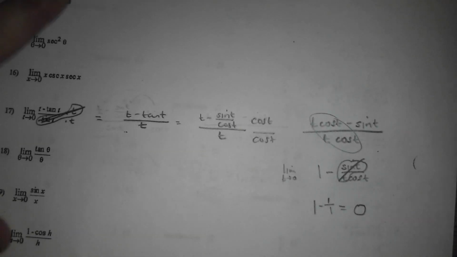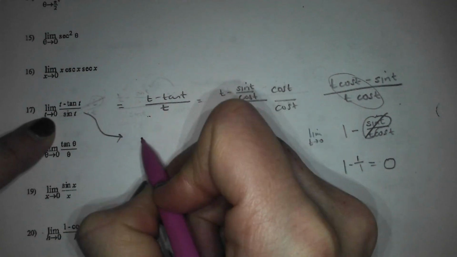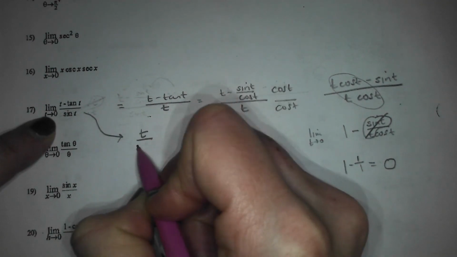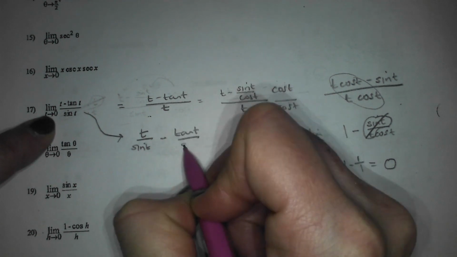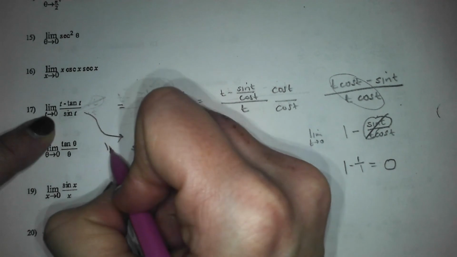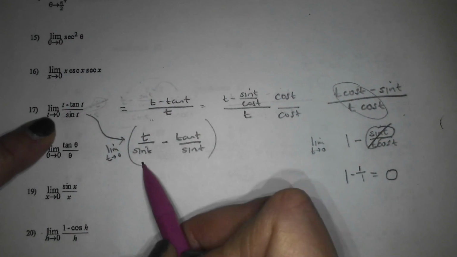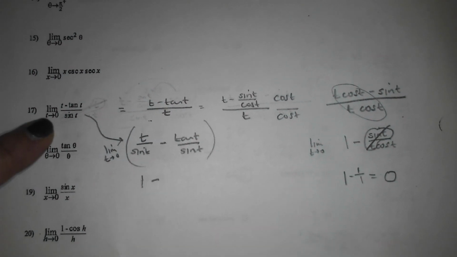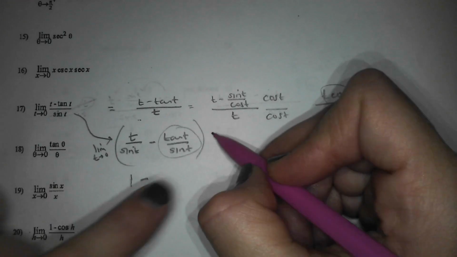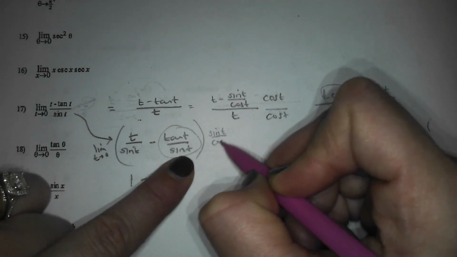So a decent amount of trial and error on that, but again, in hindsight, if I'm looking at the original, I wish I had just done this. T over sine t minus tan t over sine t. Because if I was looking for the limit as t approached 0 on that whole thing, this part would have just been 1 minus, and then this would take some keep, change, flip, sine t over cosine t.